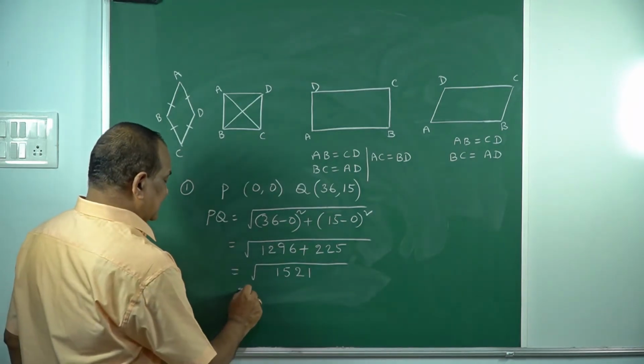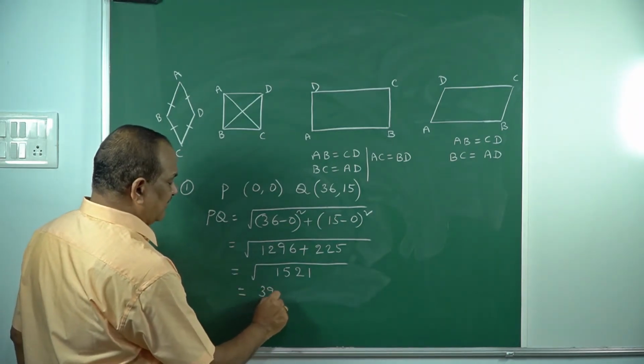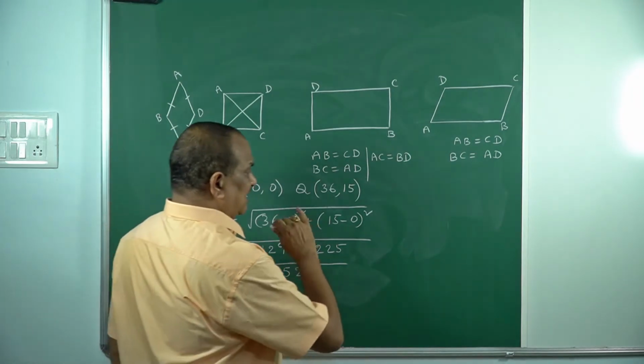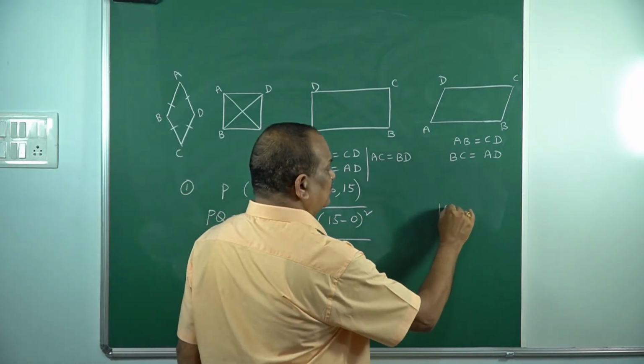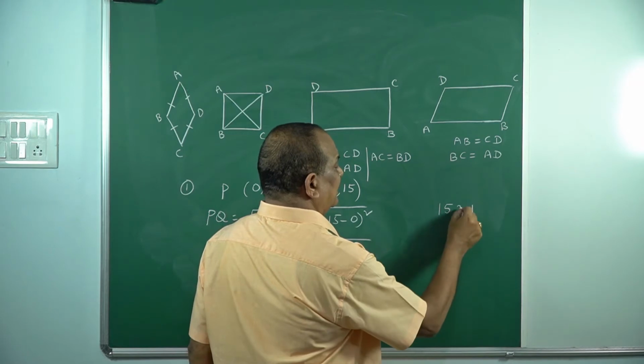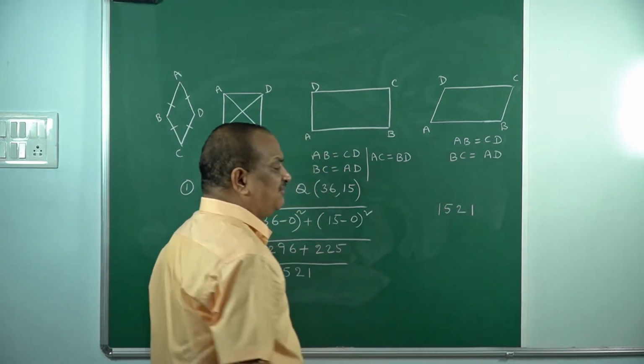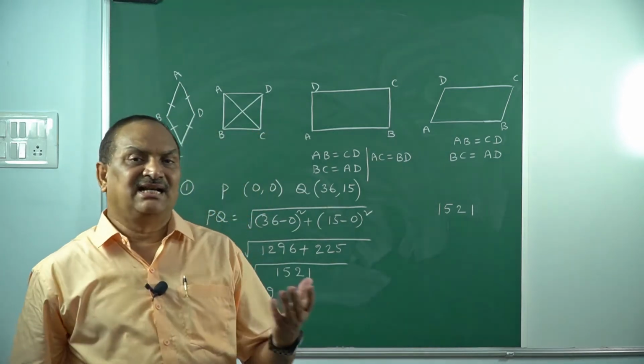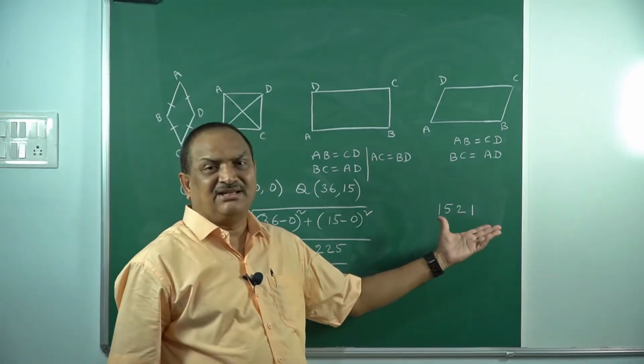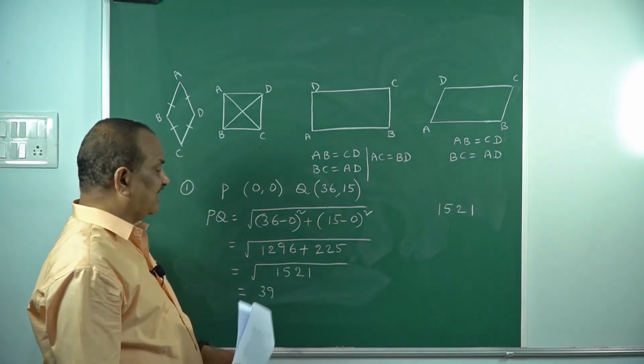So my answer is 39. I need to find out the square root of this 1521. Let us quickly recall the method we use. 40 squared is 1600, and just guess somewhere there that 39 is the square root.